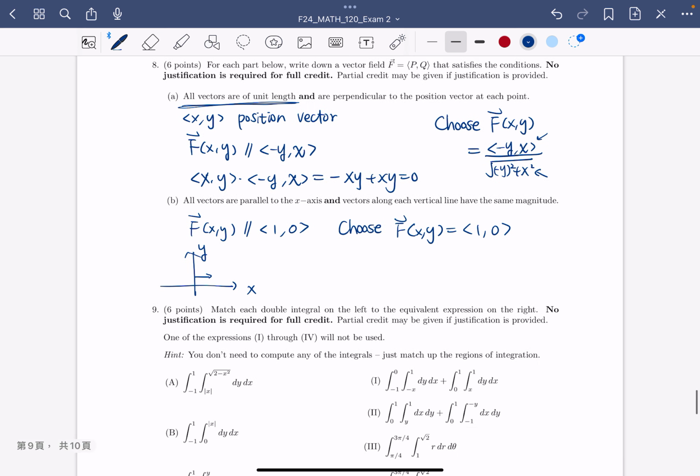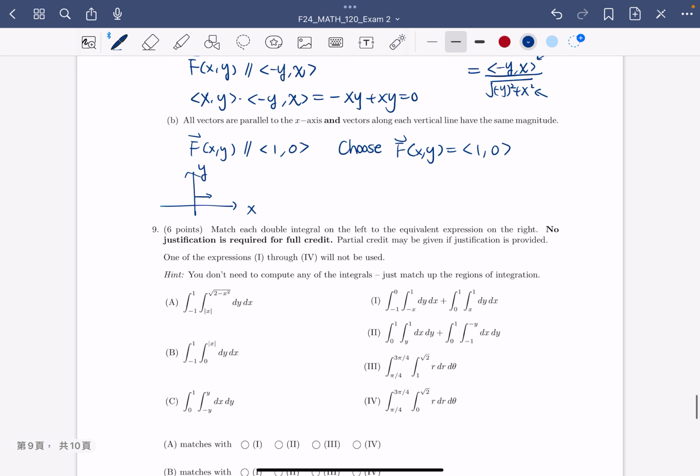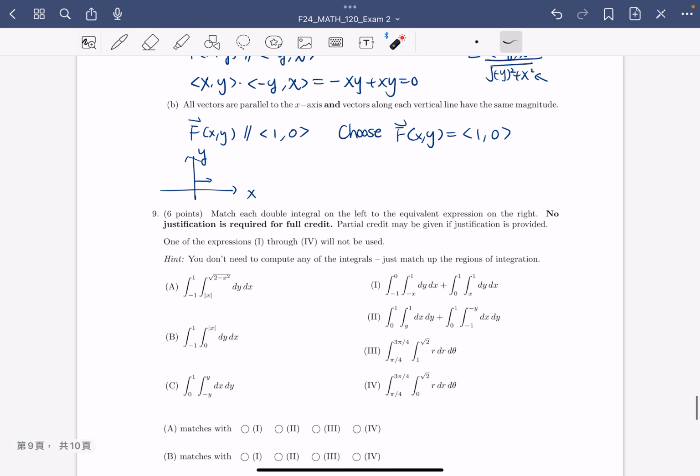Now let's look at number 9. Match each double integral on the left to the equivalent expression on the right. Okay, as previously, you can justify your answer or not, but I would recommend to justify your answer.